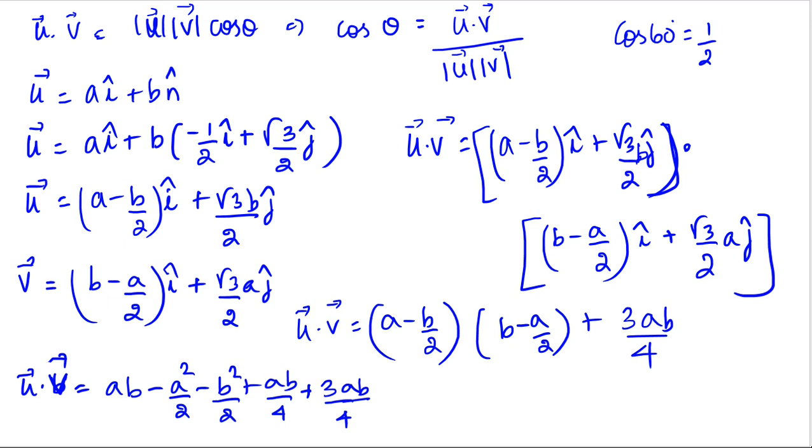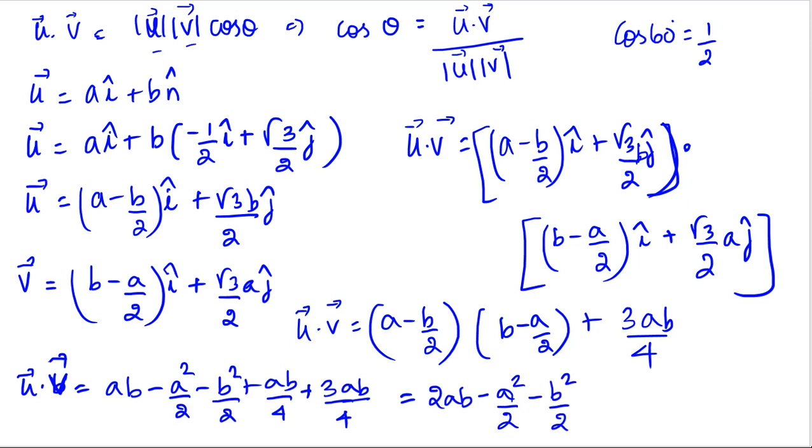Okay, this is your u dot v. Now on further simplification, I'm going to just write the simplified version of this. You're going to simplify this in a simple step only. So 2ab minus a square by 2 minus b square by 2. So this is your u dot v.